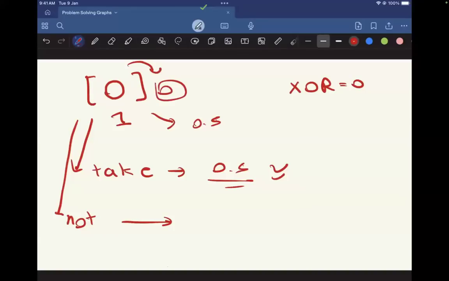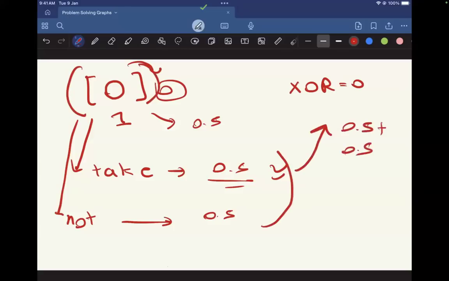The XOR of an empty subset is 0, right? So the probability of that is 0.5. So given this array, the probability of getting XOR is equal to 0 is just 0.5 plus 0.5, which is 1. And it makes sense because no matter what choice you make, the XOR of any subset is 0. Yes or no, guys? Tell me.